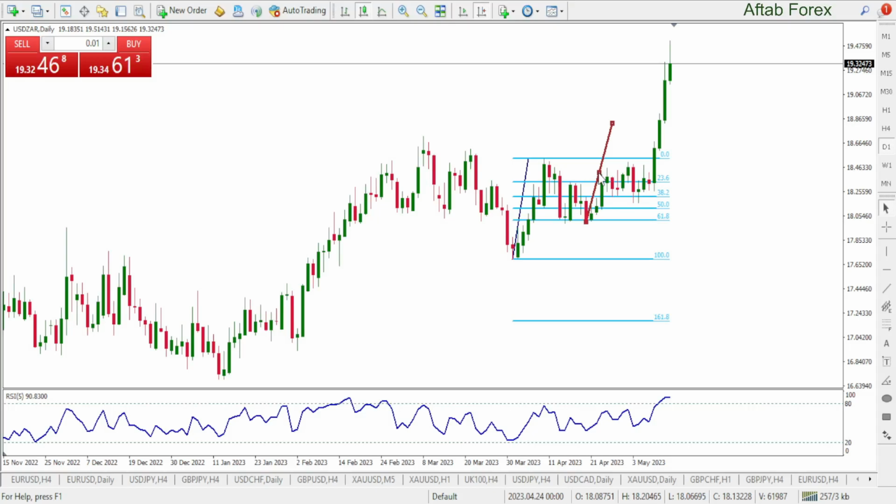It can be indicators like the RSI I have right here. All of these things together, I apply them in my analysis. So it can be trend lines, it can be indicators like the RSI, and it will help you with trading decisions.